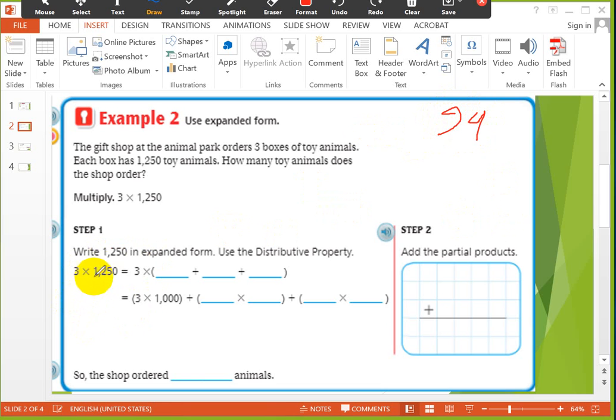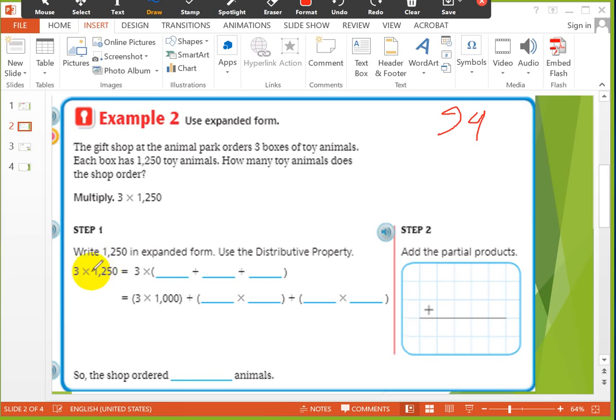I have to write each digit in its value according to its position. So I have to write the value of each number. First I will start with this number, 1250. So I will start with the 1 in thousands digit.